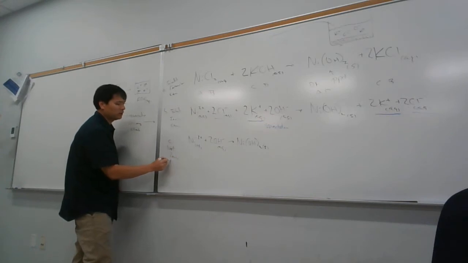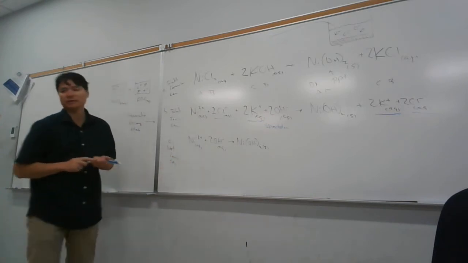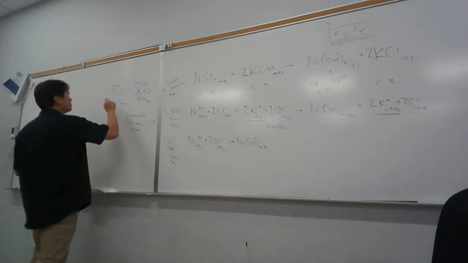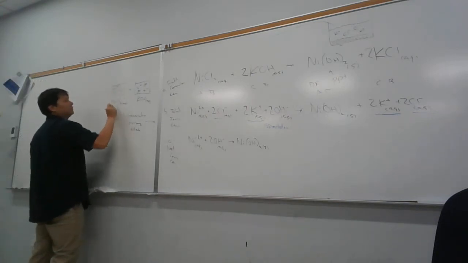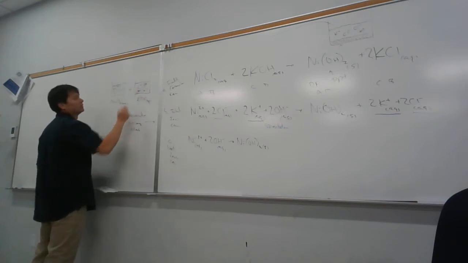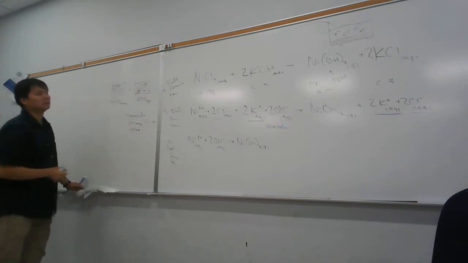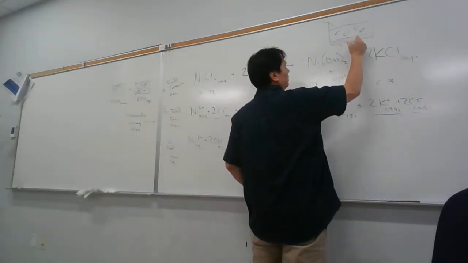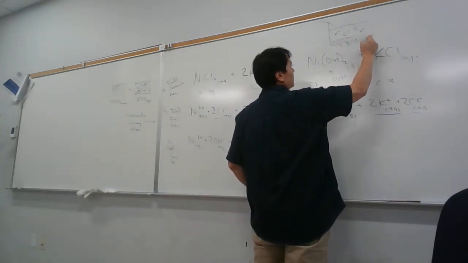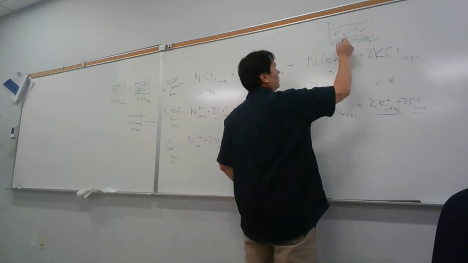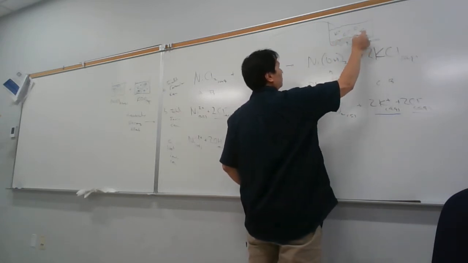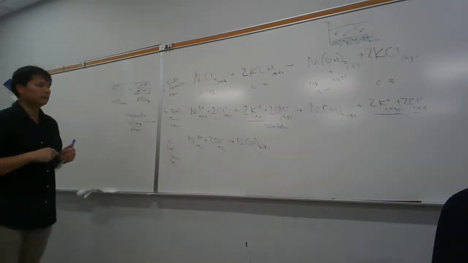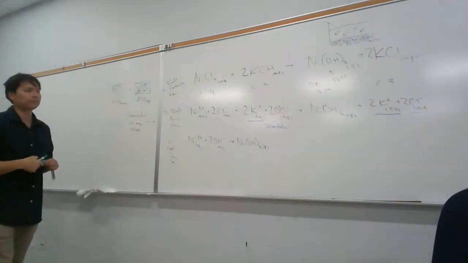The net ionic equation ignores the spectators and just looks at what's reacting. So what's reacting here are the nickel 2s and the hydroxides, and that forms the nickel 2 hydroxide precipitate here. And everything else is spectator.